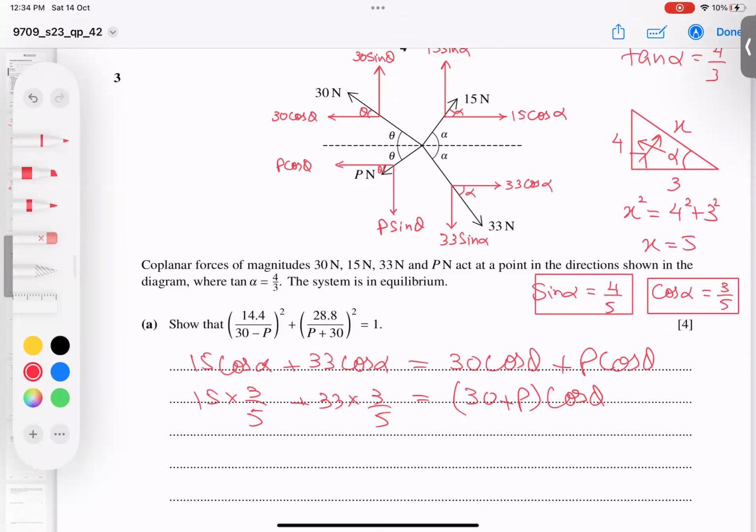Now the right and left-hand sides, I just type into my calculator. It is coming 28.8. So cos theta is equal to, and it will go under it, left-hand side I get 28.8 divided by 30 plus P, or P plus 30, same thing.